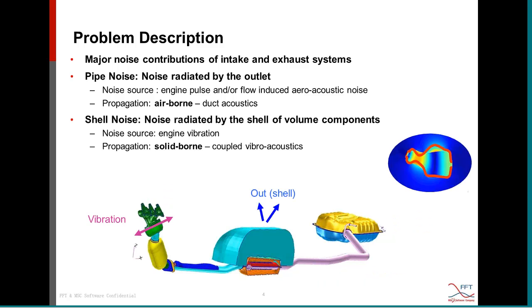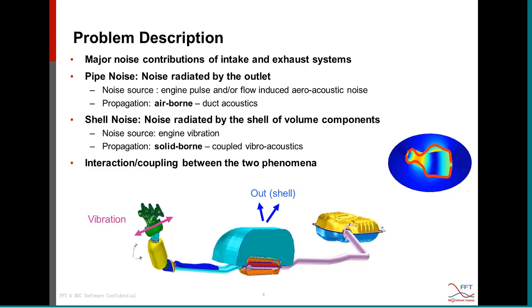The second contribution is the so-called shell noise. In this case, the propagation is a solid-borne one, and the noise source is typically the vibration of the engine block or the vibration of any vibrating structure. Sometimes the pipe noise is studied alone and separately from the shell noise, and this neglects the vibration of the structure.